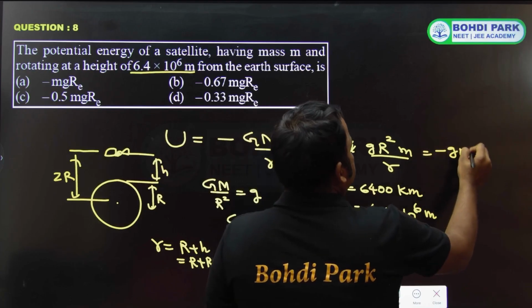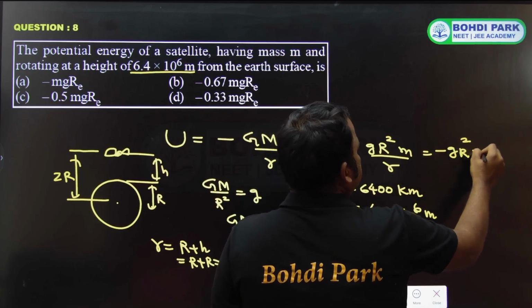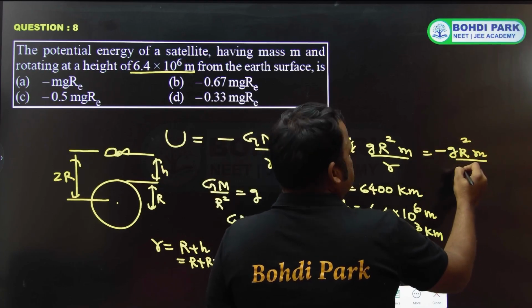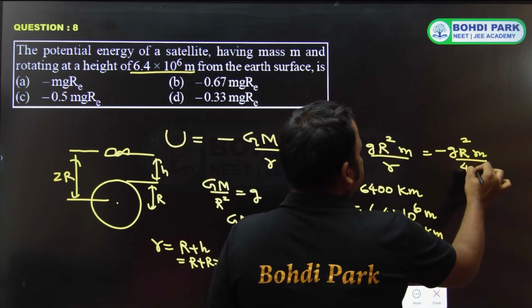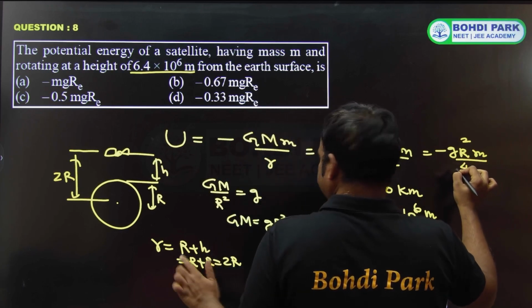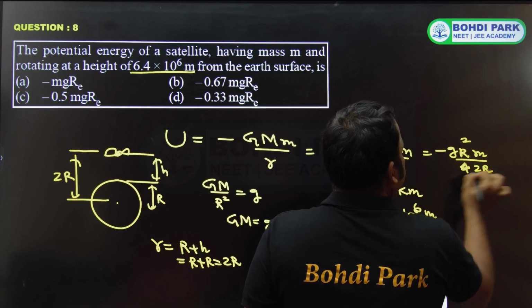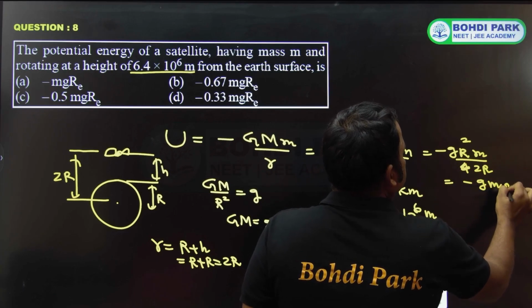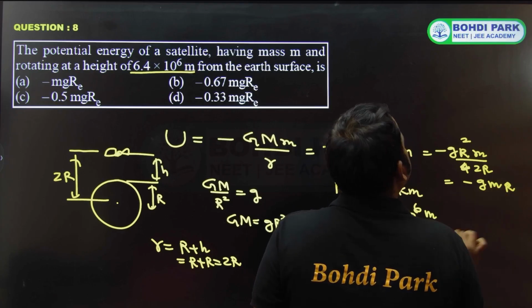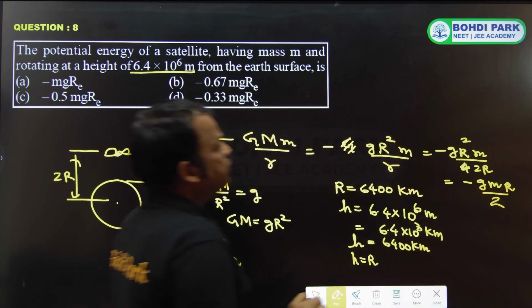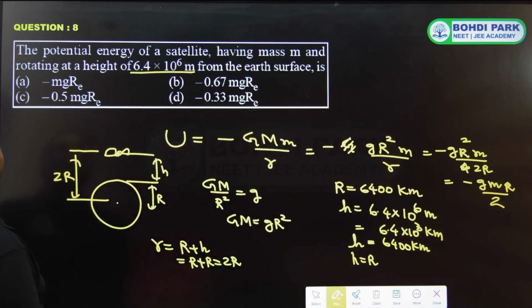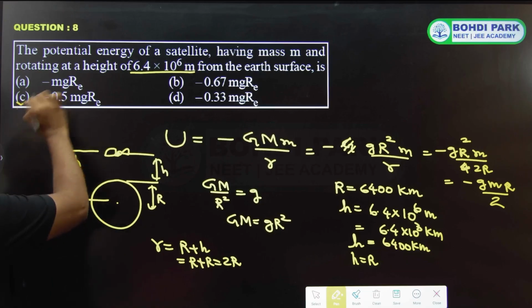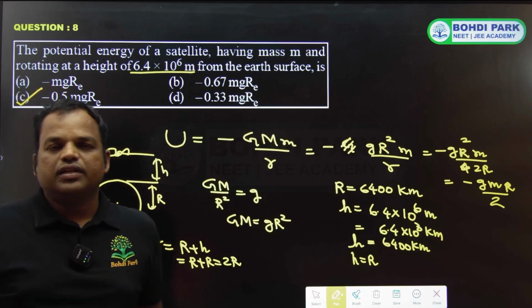So minus g into capital R square into small m by small r, which is 2R. So this R R cancels, so minus mgR by 2, minus mgR by 2. So C option. Now next question.